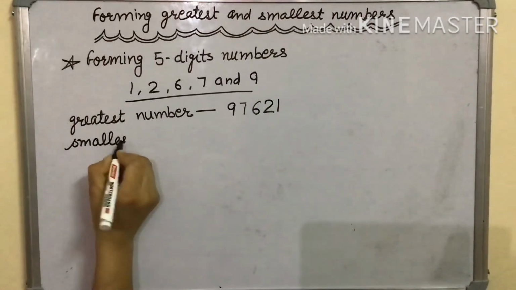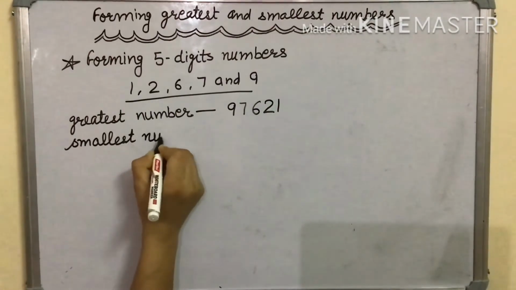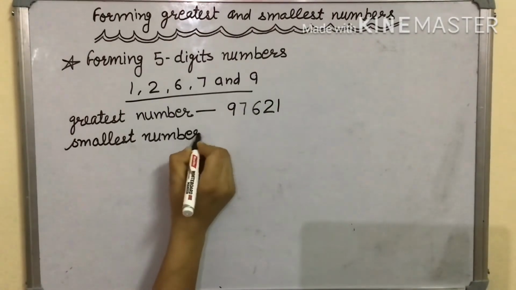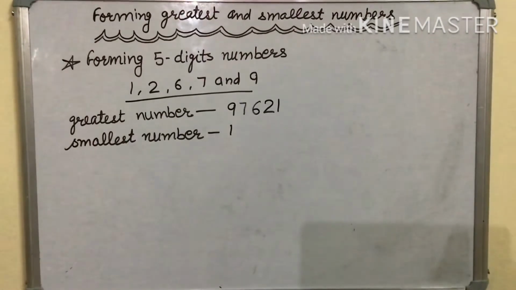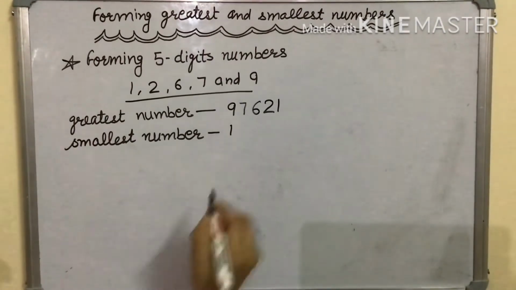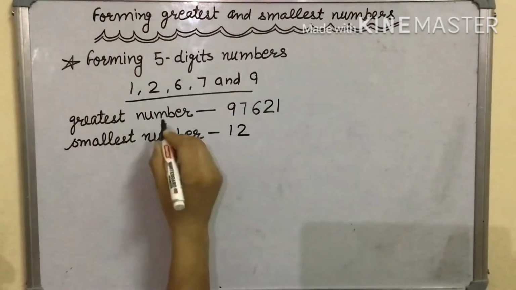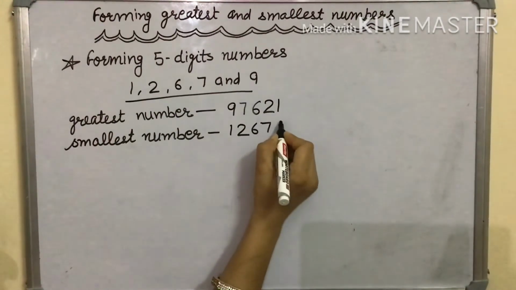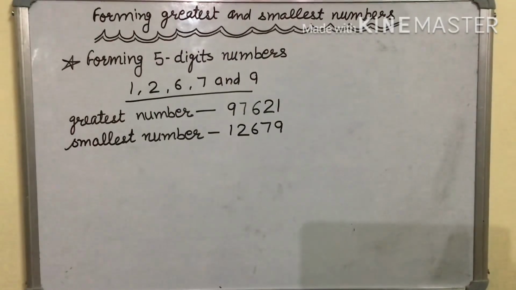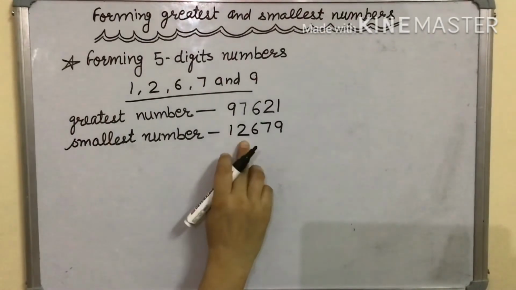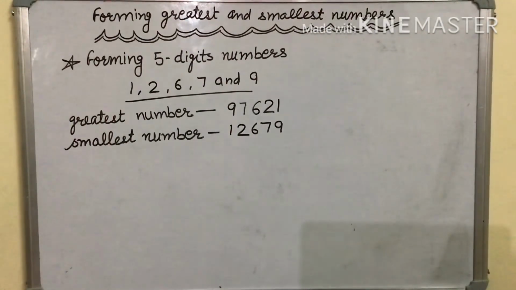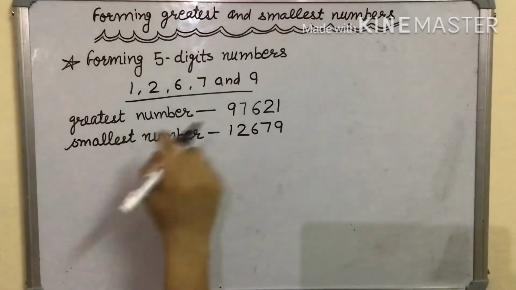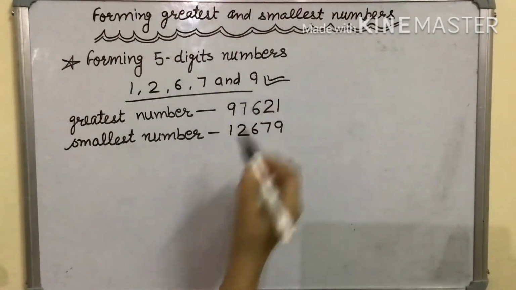If we write the smallest number, 1 is the smallest digit, after that 2 and after that 6 and 7 and in the last 9 is the largest digit. So like this 12,679 is the smallest 5 digit number formed by given digits.